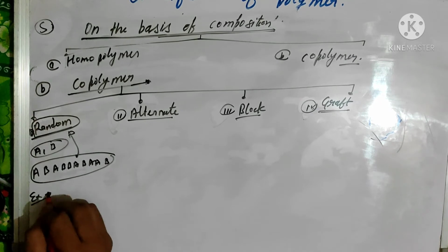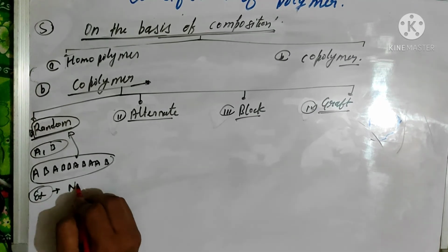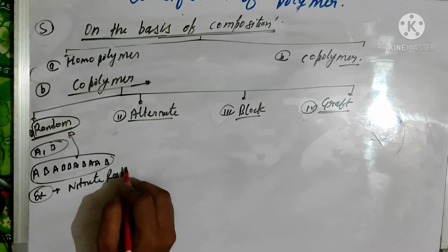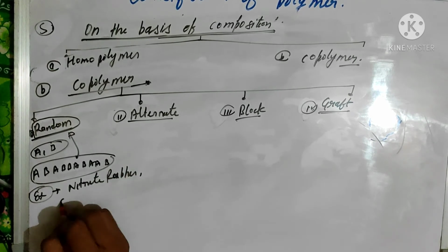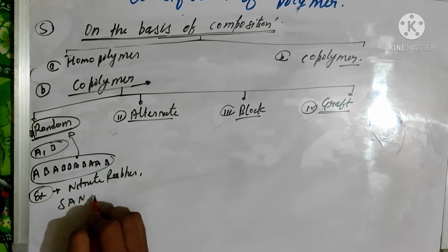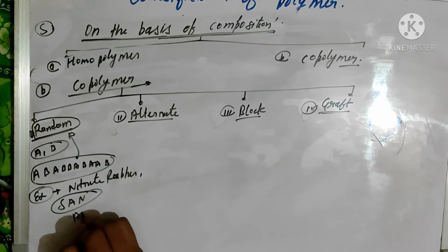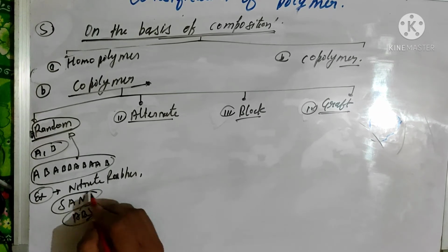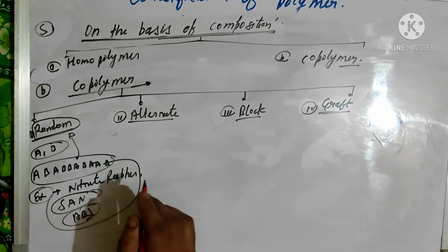Some examples of the random copolymer are nitrile rubber, SAN, styrene acrylonitrile, ABS, acrylonitrile butadiene styrene.